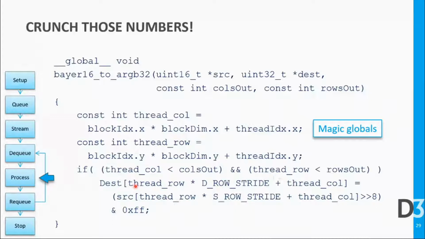And in the case of rebayer, the additional complexity is to look at the color filter array pattern and say, if we're on an even column and an even row, it's green. If we're in an odd column and an odd row, it's blue. Odd column, even row, red. So that's the additional complexity in rebayer.